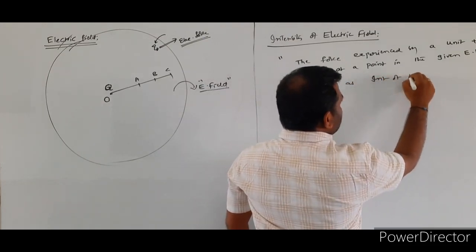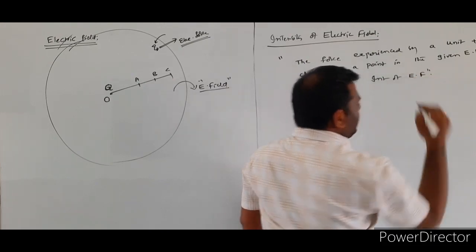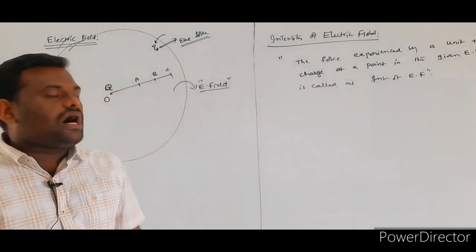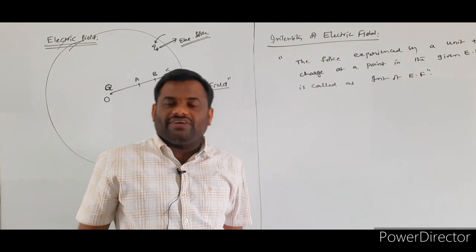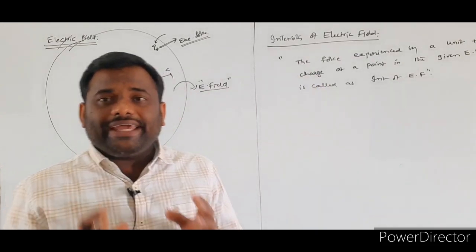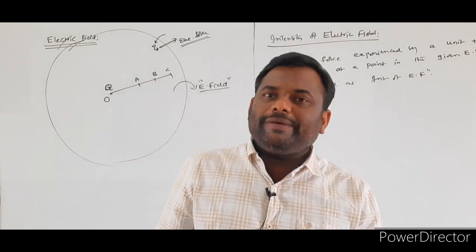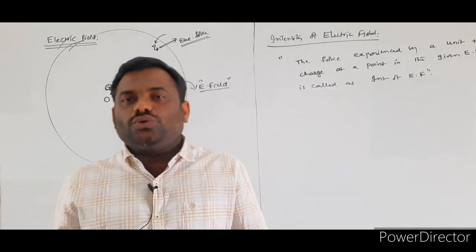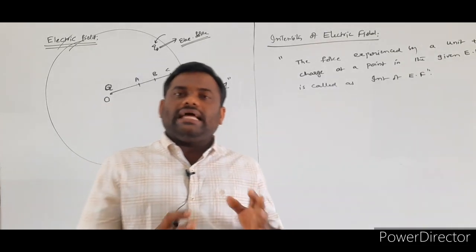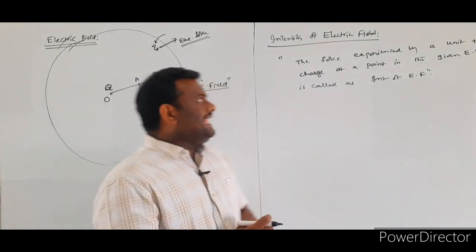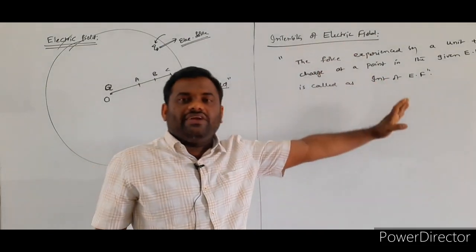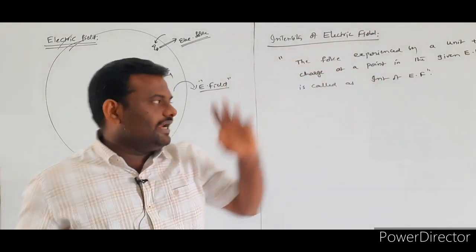So how can we define the intensity of the electric field? It means the force experienced by a unit positive charge at a given point in the given electric field is called the intensity of the electric field, or strength of the electric field.